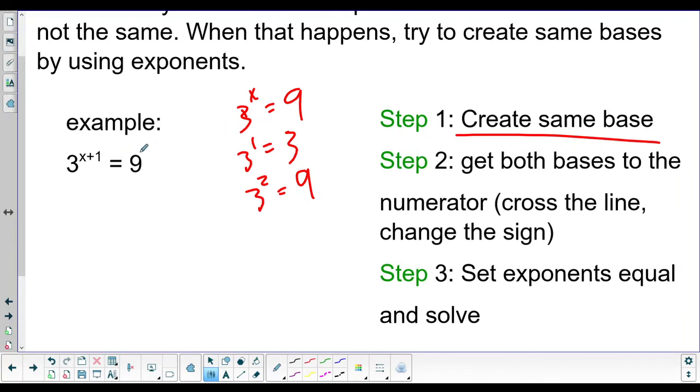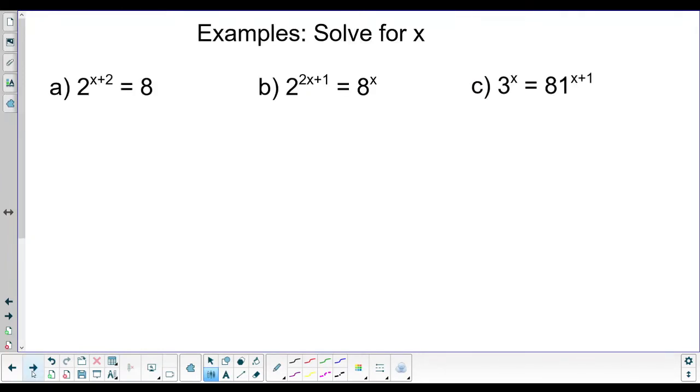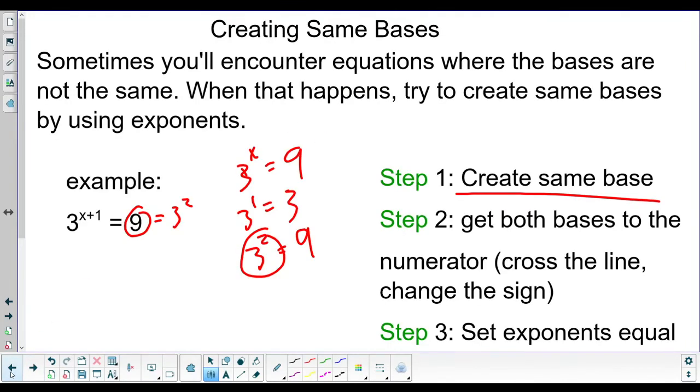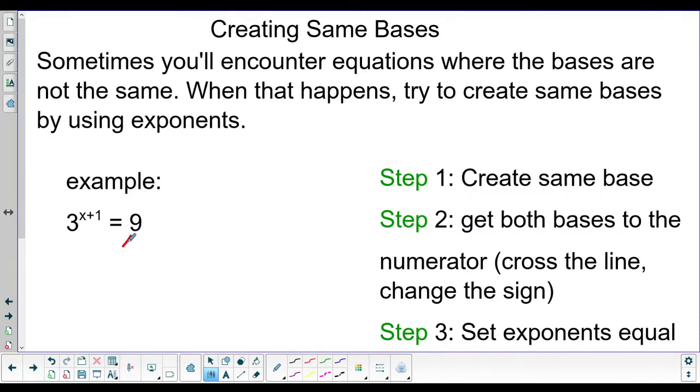So we can replace 9 with 3 to the second power. Let's talk about how we would do that if you had something crazy like this, like 8. The way you can do this without just checking all of the exponents is you can factor this. So 9 is 3 times 3.